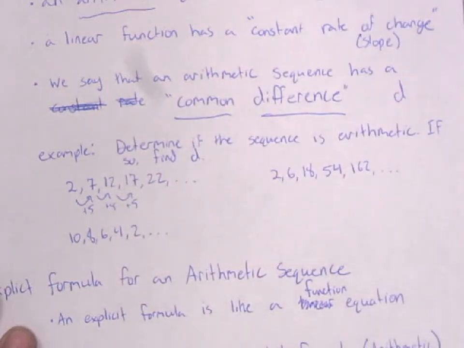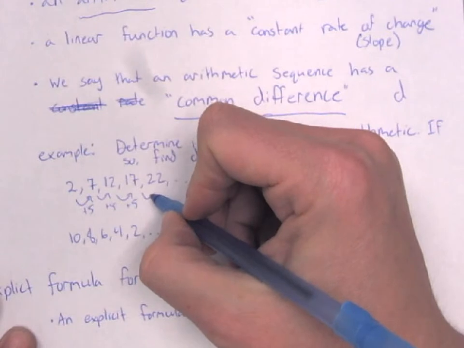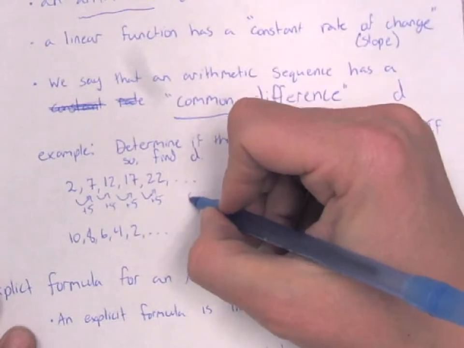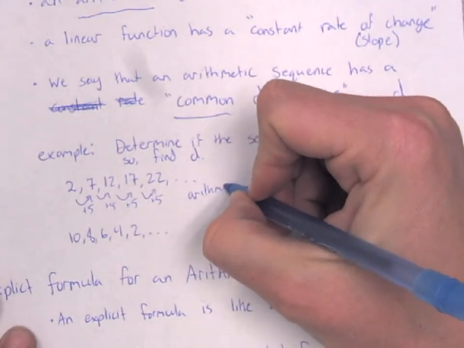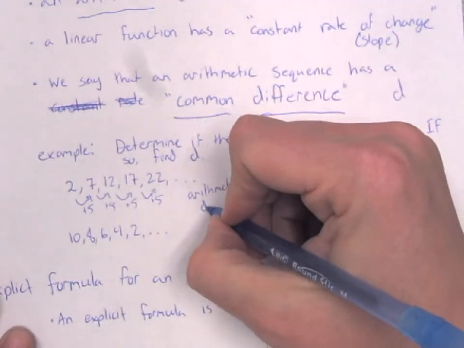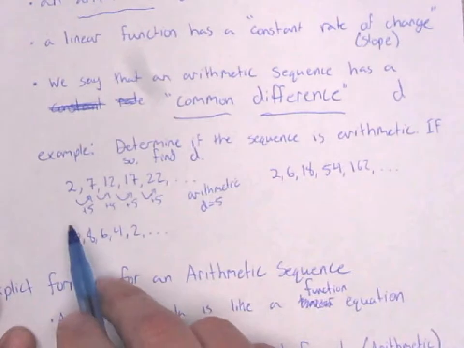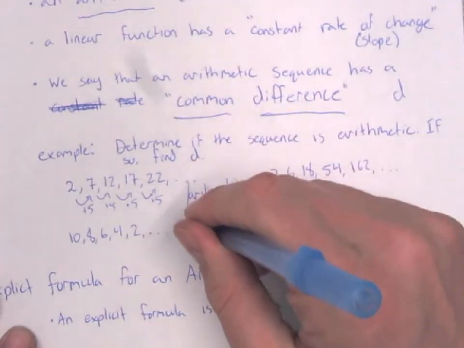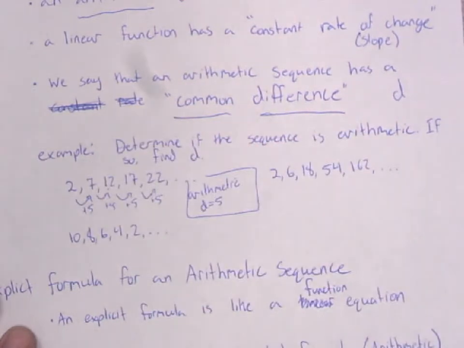So this is adding 5 every single time. That's basically a linear idea. Is it arithmetic? Yeah, it's arithmetic. So we write arithmetic. Sorry, it's a little cramped here. If so, what's the common difference? It's 5, right? We're adding 5 every single time, so we say d equals 5. And that's the answer to that one.